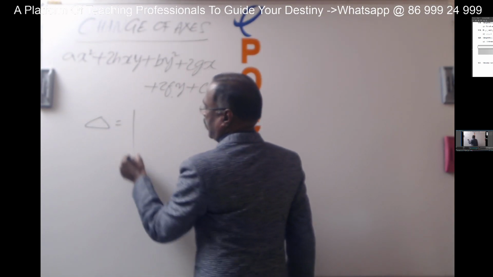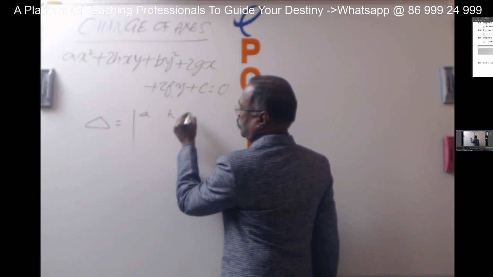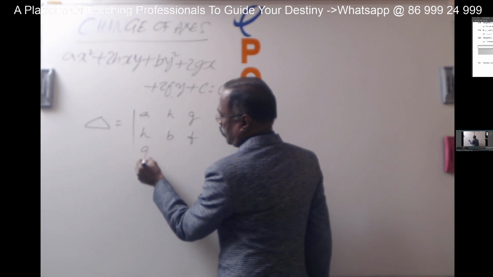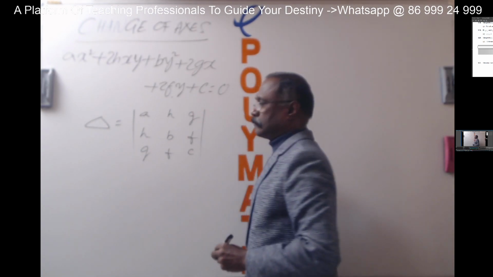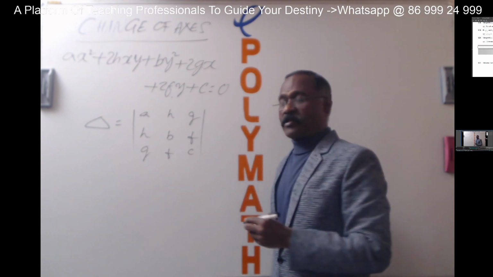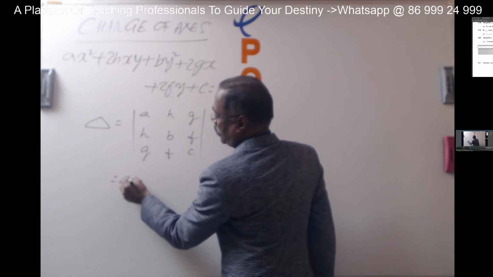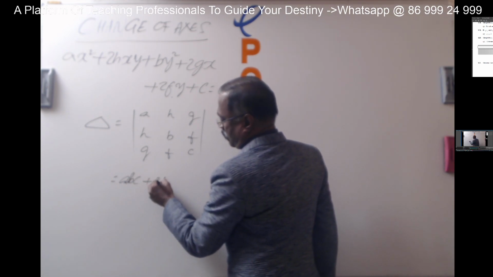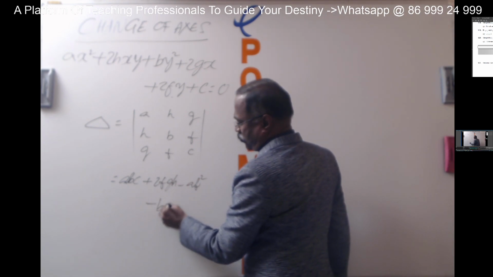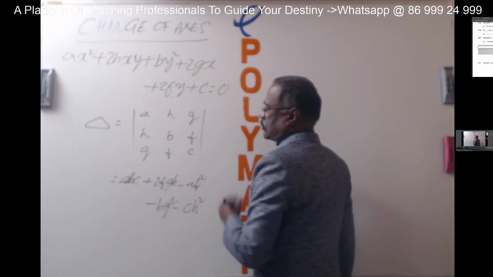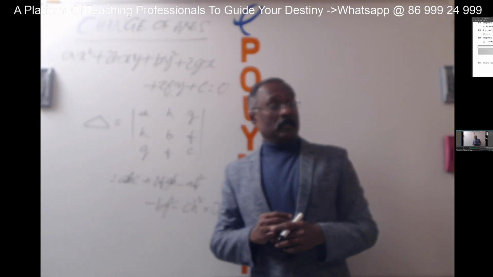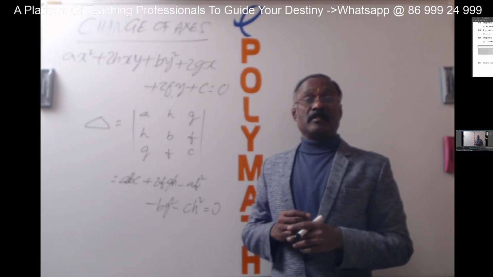Delta is nothing but a handsome guy has beautiful fiancée gone for cinema, and if you find out the determinant of it, ABC plus 2FGH minus AF square minus BG square minus CH square. This must be 0 there to represent the second degree non-homogeneous equation.